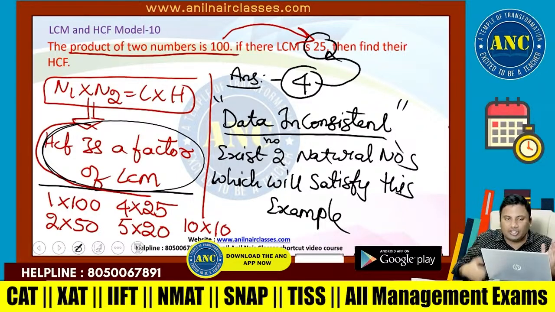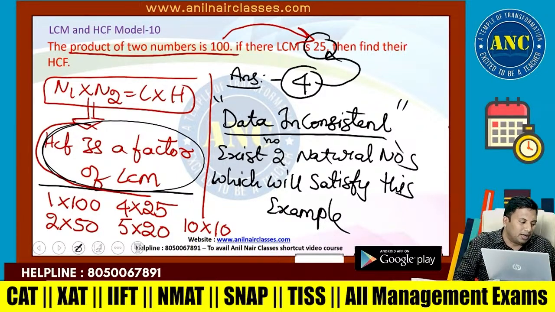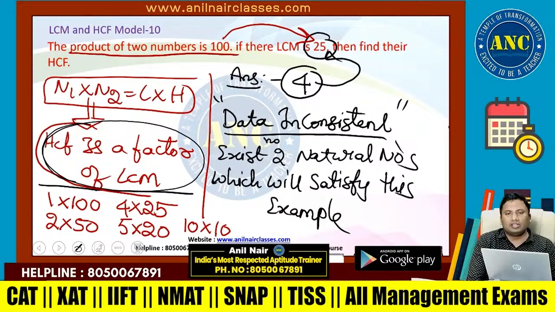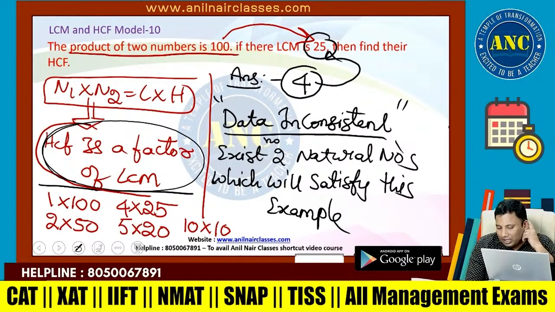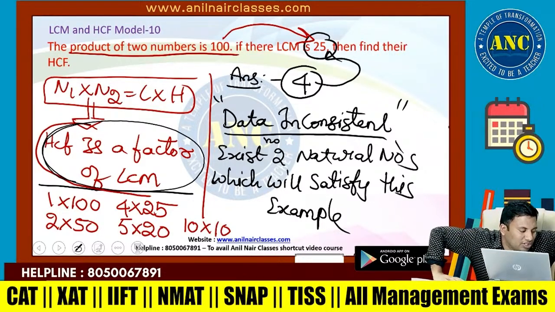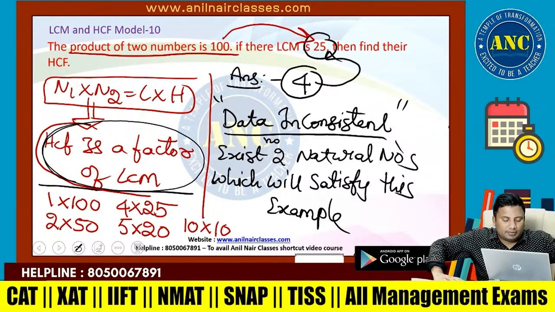Because HCF is a factor of the number and the number is a factor of LCM. So HCF is a factor of LCM. Rambabu, I hope it is clear. Please put a star mark on this question. Extremely important, which was our yesterday's last question. Next one.